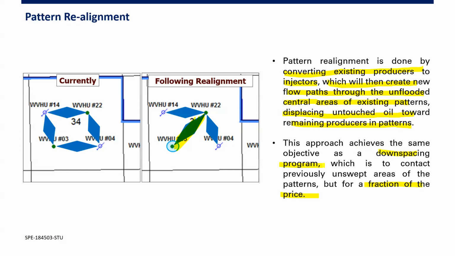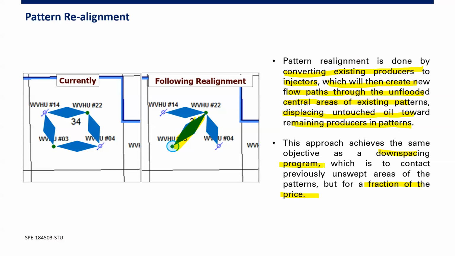Okay, but other authors just mix everything, both conversion and infill drilling, into the same definition of pattern realignment. Okay, but that's not the problem. If we focus only on this paper, then we can say that pattern realignment is conducted by conversion, and it is cheaper than a downspacing program.